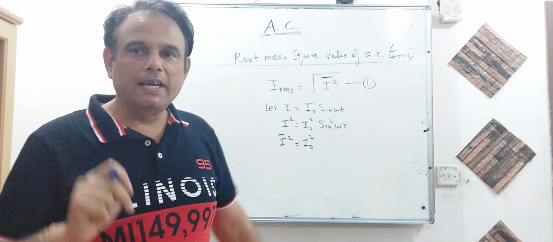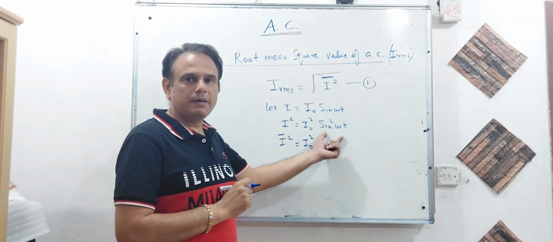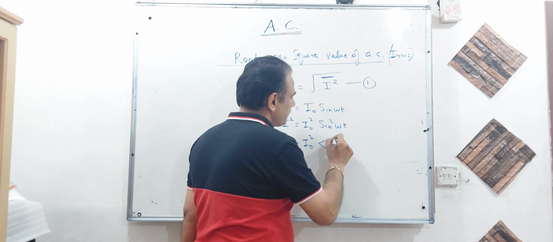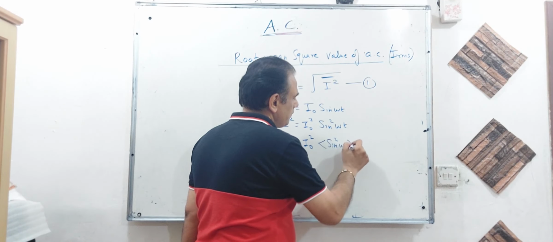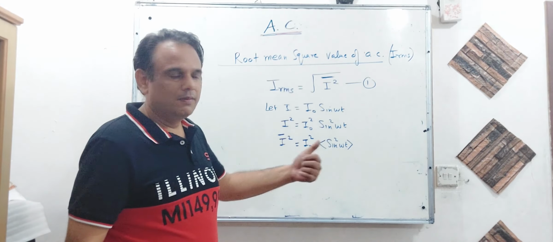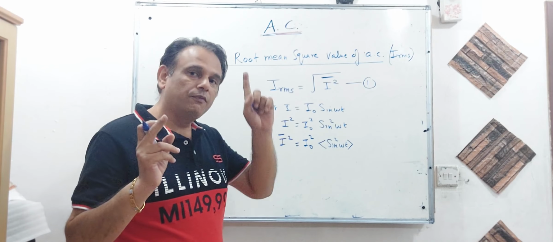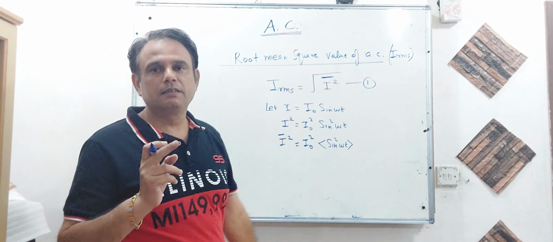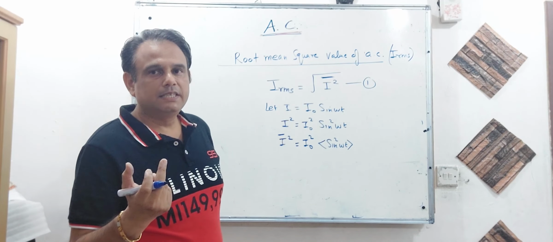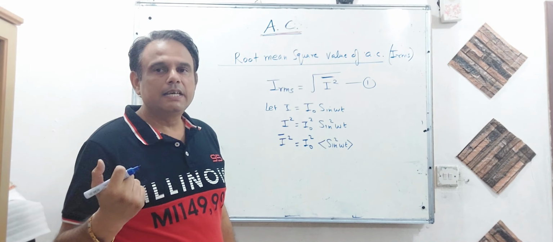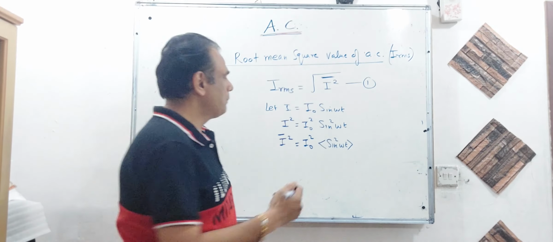So here, this is the time dependent term, and I am going to keep it in a special bracket. And now I am going to apply the last formula, formula number 6 in the previous class. How to find average? Integration 0 to T sin square omega t dt by T. So I am going to apply that here.